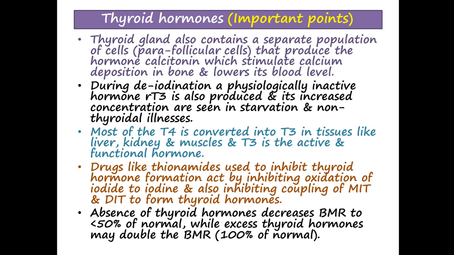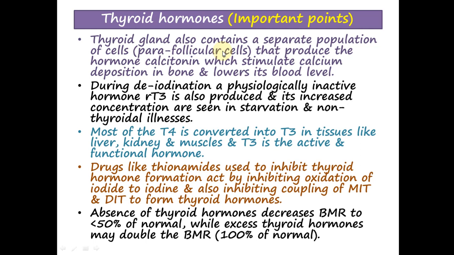There are some important points that I want to mention. In addition to the thyroid follicular cells, the thyroid gland also contains a different population of cells known as the parafollicular cells or C cells, that have a separate embryological origin.